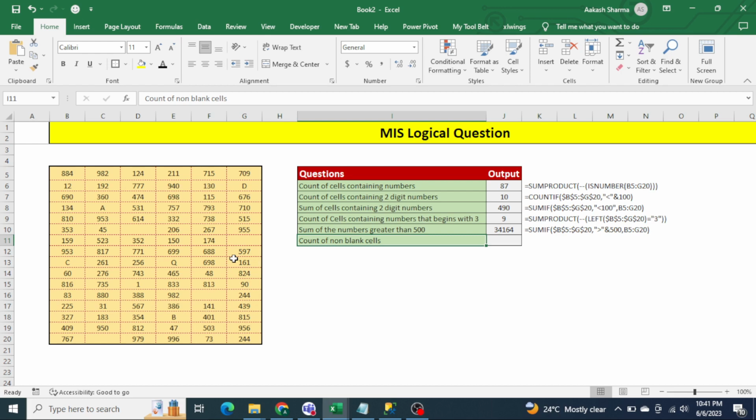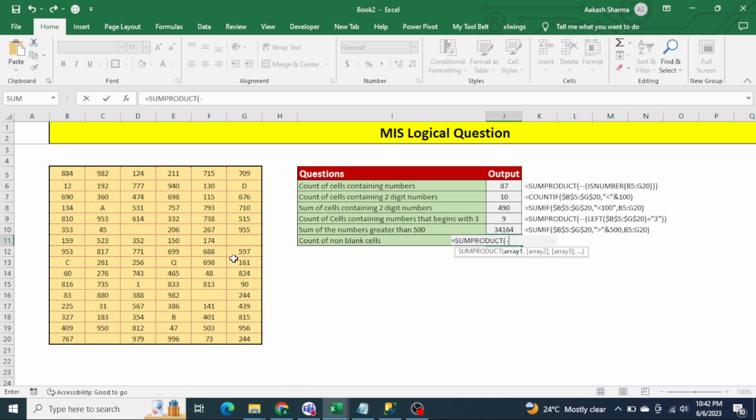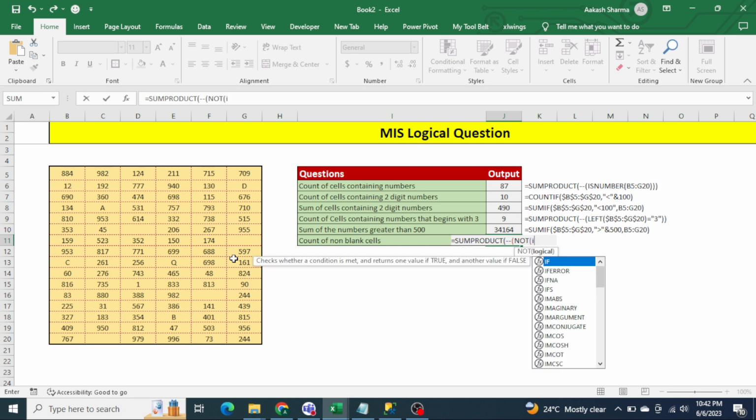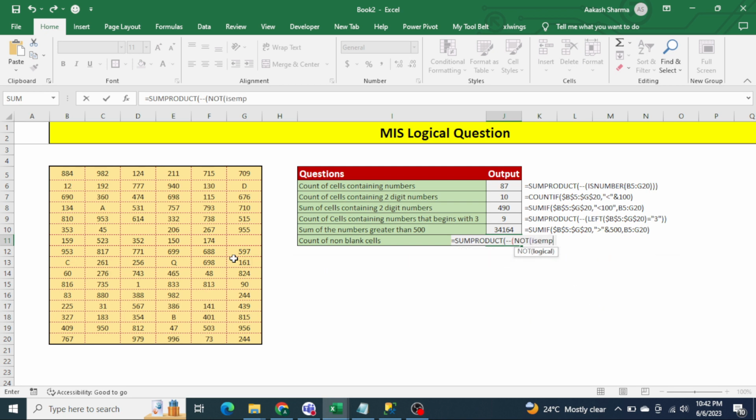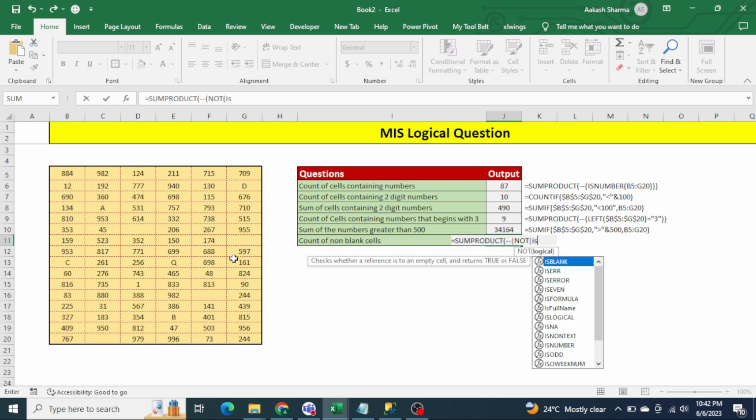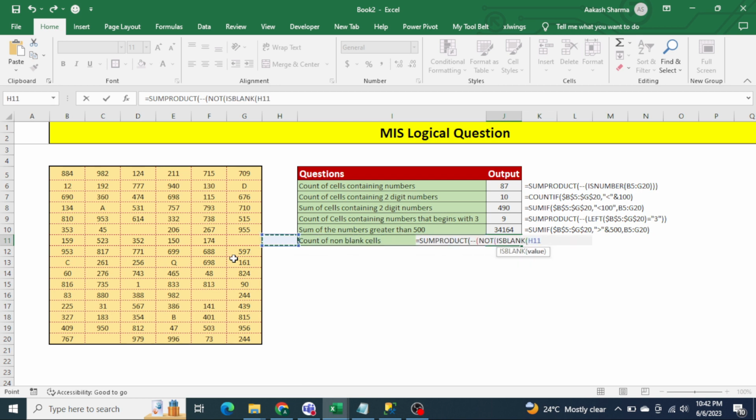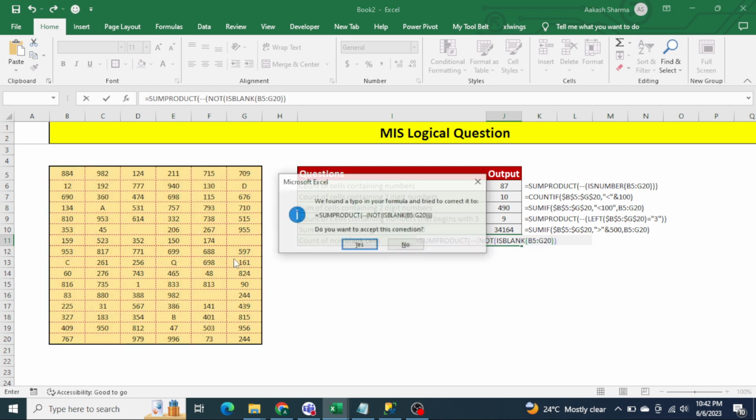In the last question, I want to count those cells which contain a value not equal to blank. Here I would use equal to SUMPRODUCT, with NOT and ISBLANK, simple. I give this range and press Control Shift Enter.